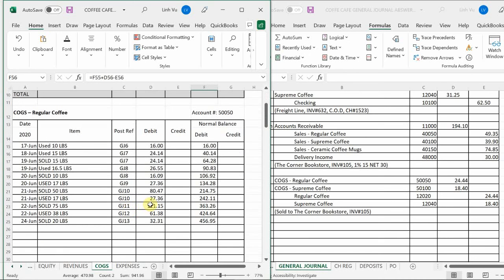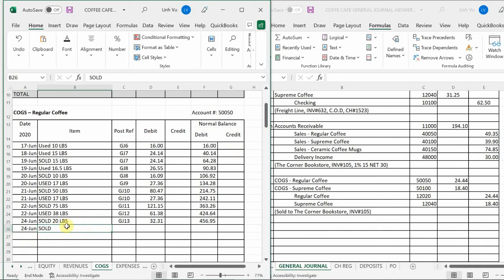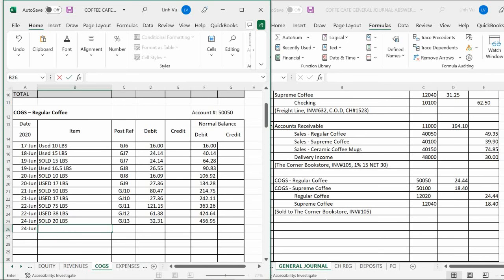So starting with our cost of goods sold for the regular coffee. Okay. It is the 27th. And how many pounds did we sell? 15 for $24.44.